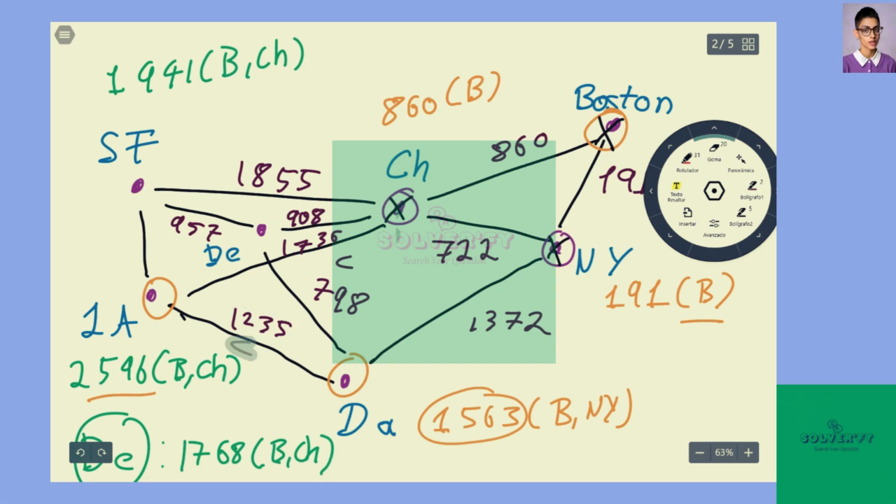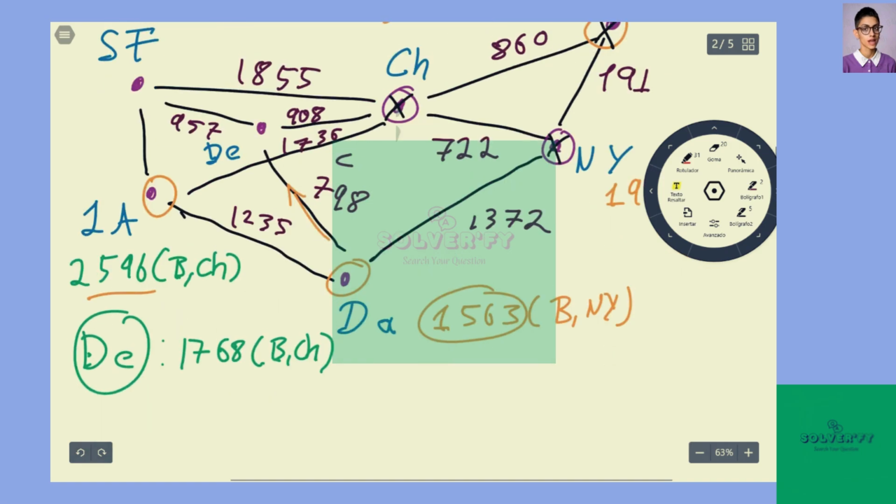So we're not going to consider going from Dallas to LA. What other path can we take from Dallas? Well, we can move to Denver. That distance again will be 563 plus 798, which is clearly bigger than 1,768.